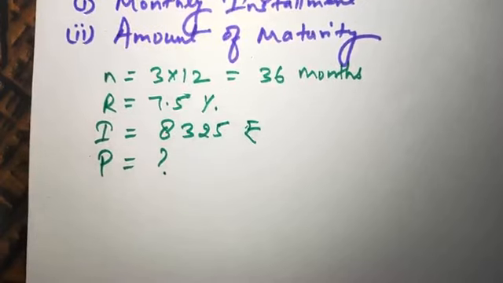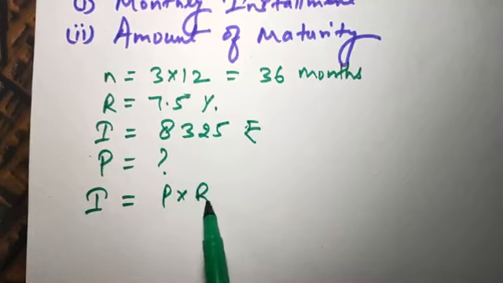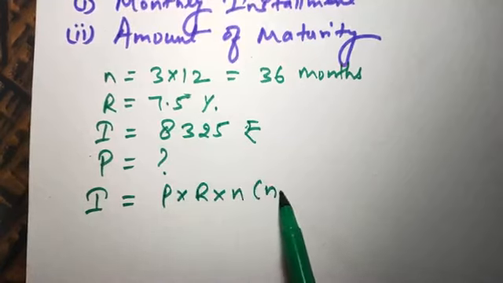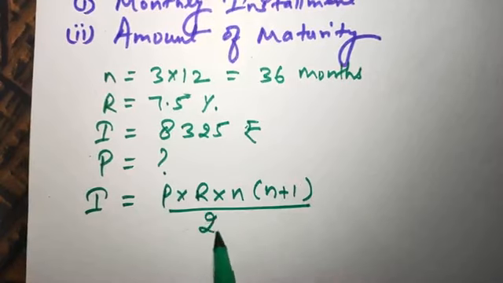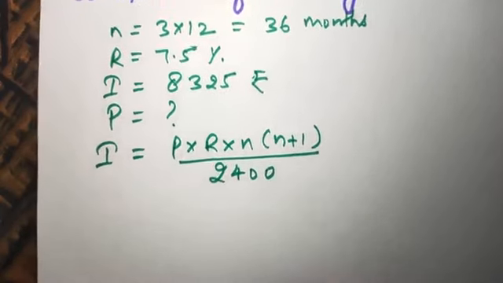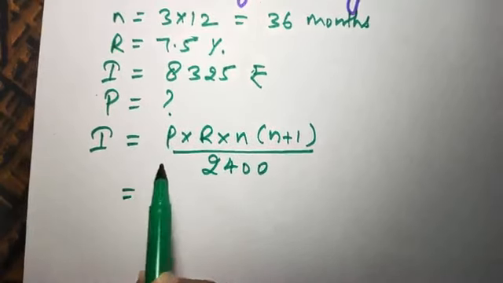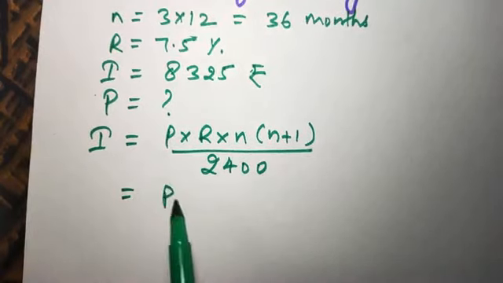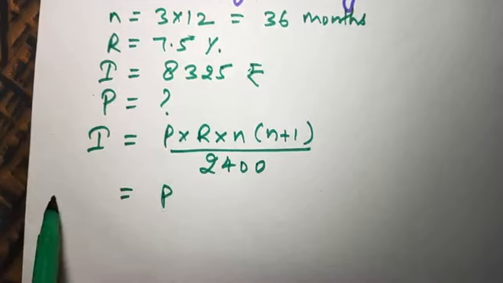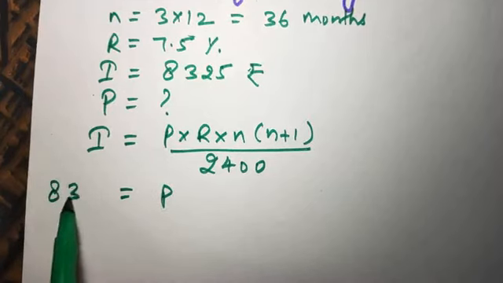Let's start. First we already know the formula of interest, P into R into n plus 1 upon 2400. Now I am going to only substitute the given values. P we have to find, but in place of interest we can write 8,325.